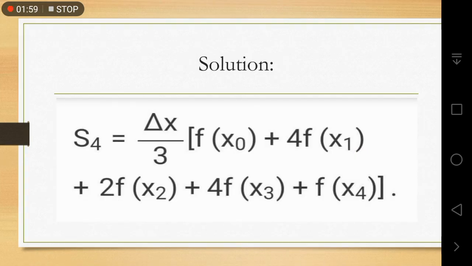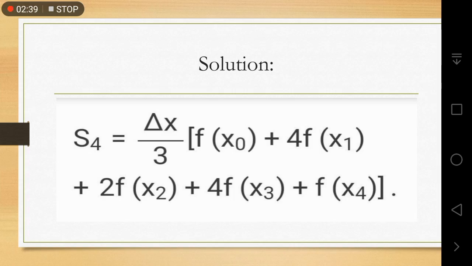For n equals 4 subintervals, Simpson's rule S4 equals delta x over 3 times f of x0 plus 4f of x1 plus 2f of x2 plus 4f of x3 plus f of x4.